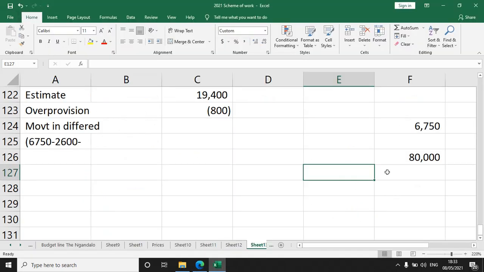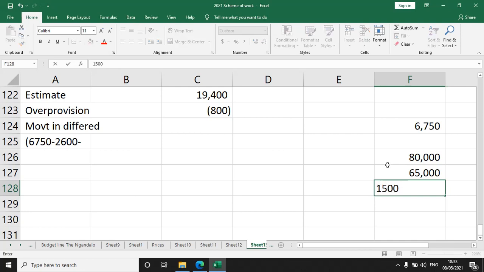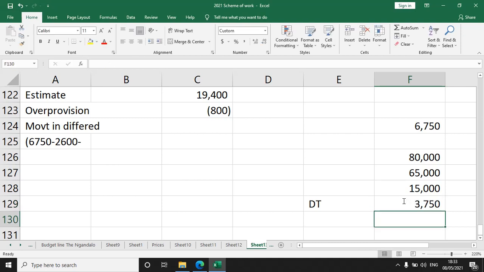So what we're going to do, we're going to say 65,000. This is for property, mind you. What's the difference between these two figures? I'm sure you can see it's 15,000, and this 15,000 attracts deferred tax at 25%. So deferred tax is equal to 15,000 multiplied by that much.